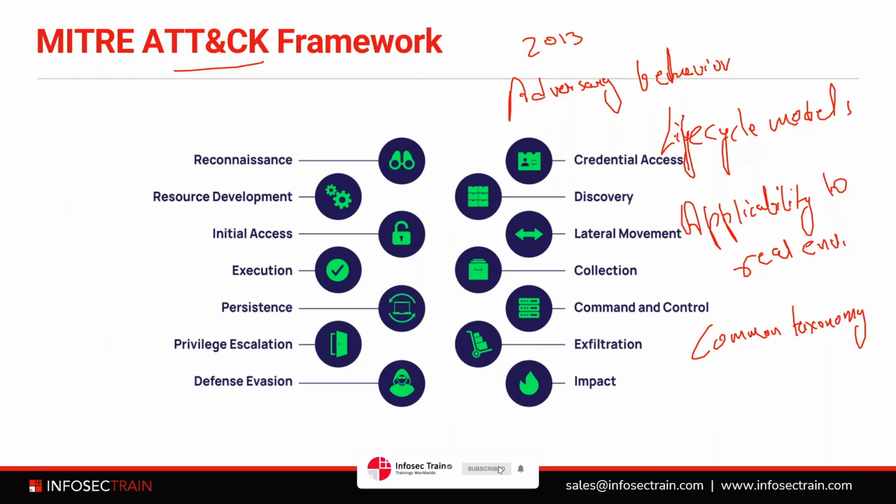Let's say an attacker may dump credentials to gain access to useful credentials within a network that can be used later for lateral movement. Techniques also represent what an adversary gains by performing an action. So if I have performed an action, what will they gain, what will they get, right? This is a useful distinction for the discovery tactic, as techniques highlight what type of information an attacker is after with a particular action.